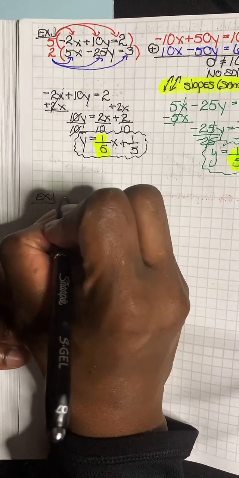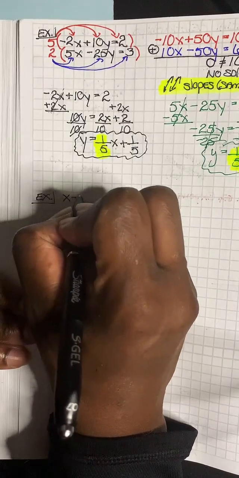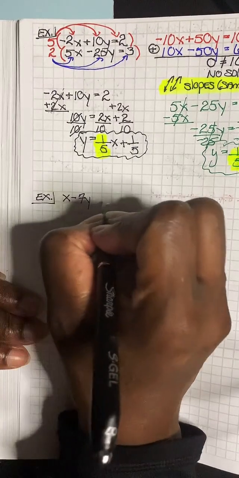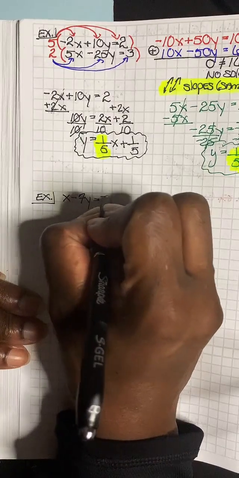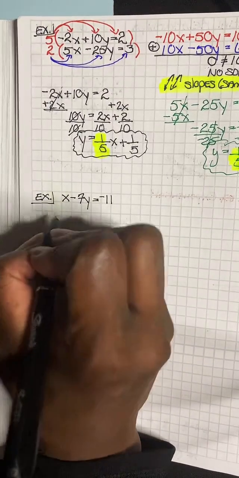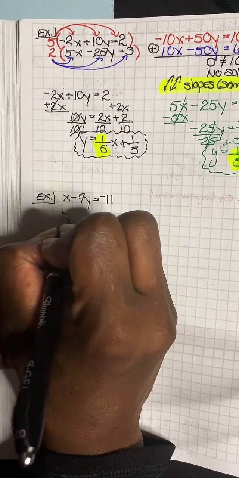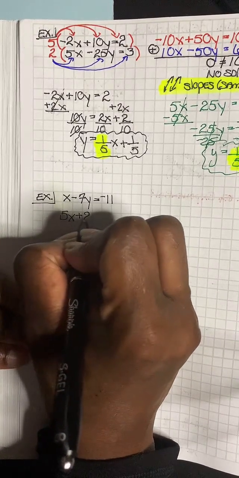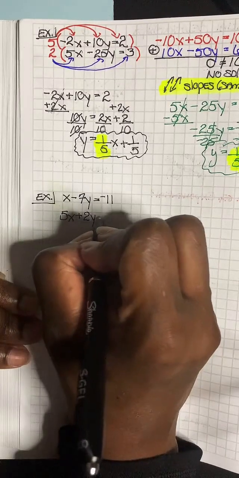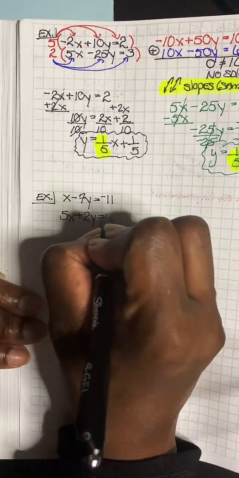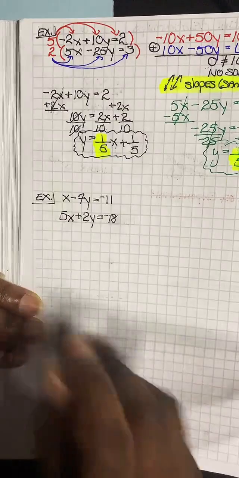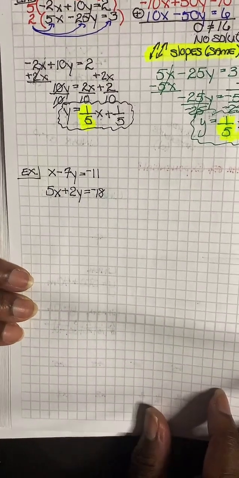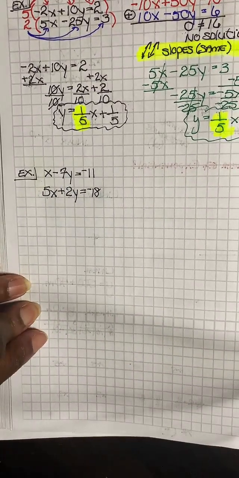If we have x minus 7y is equal to negative 11. And you're probably saying, hey, Audrey, when are we going to go back to the graphic? What happened to that? We will. We're going back to it right now.